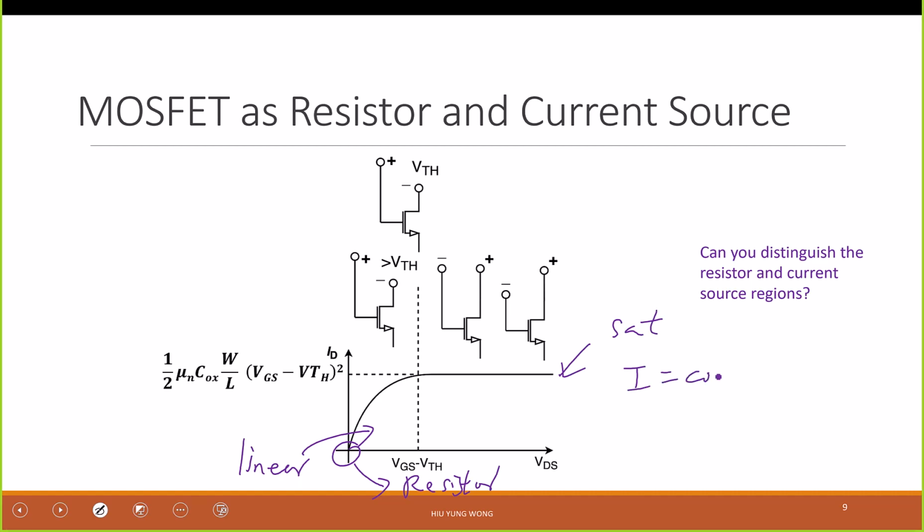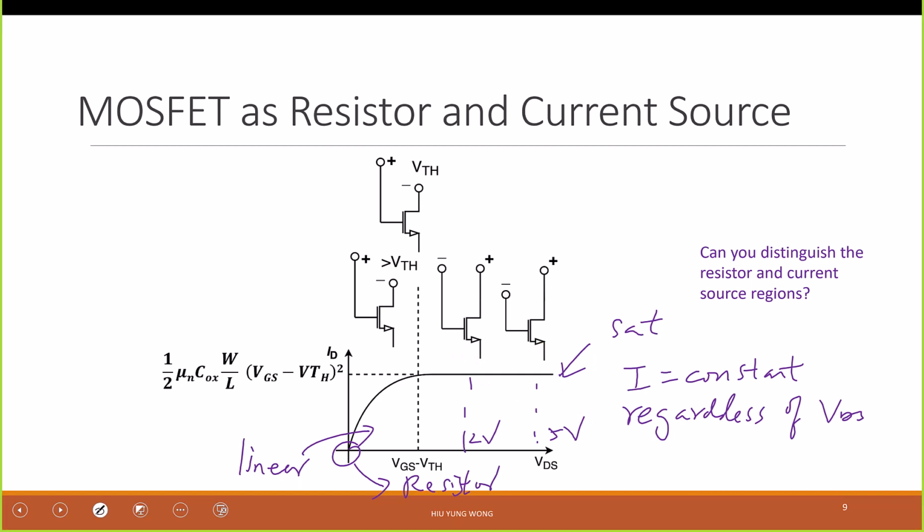I is constant. Do you see that? Regardless of VDS, right? You apply this VDS, I get this current. You apply this VDS, right? For example, this is 2 volt. This is 5 volt. I get the same current.